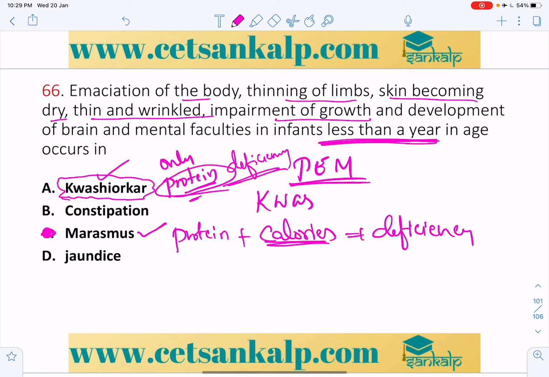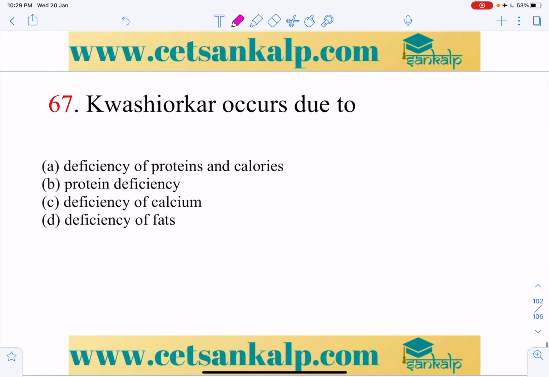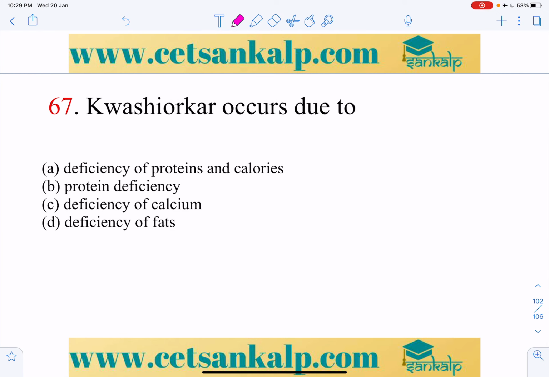Only protein deficiency is kwashiorkor, right? That is after 1.5 years or above 1 year. Within 1 year, infants less than 1 year old will be affected by marasmus. These are the symptoms. Kwashiorkor occurs due to, as we already discussed, only protein deficiency.